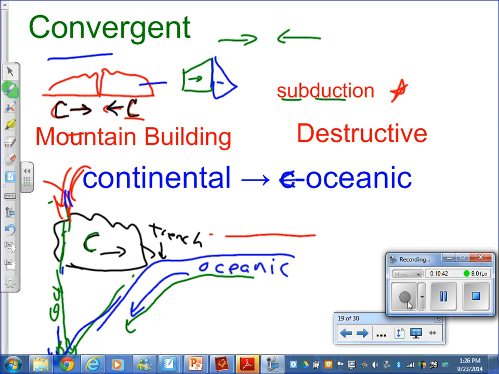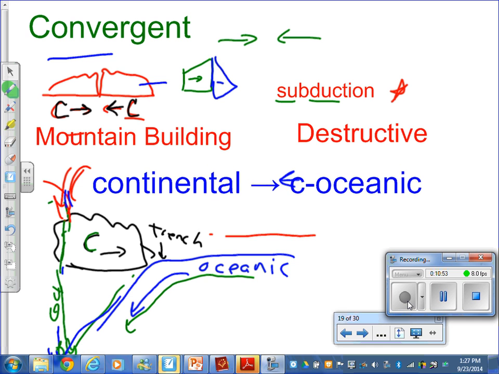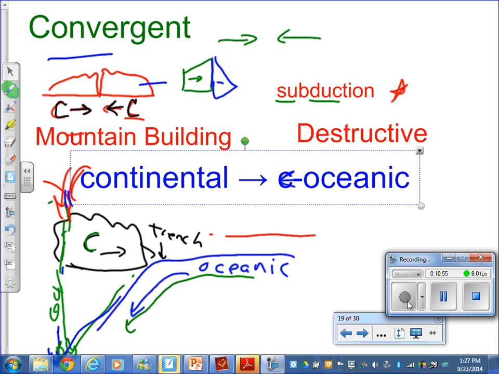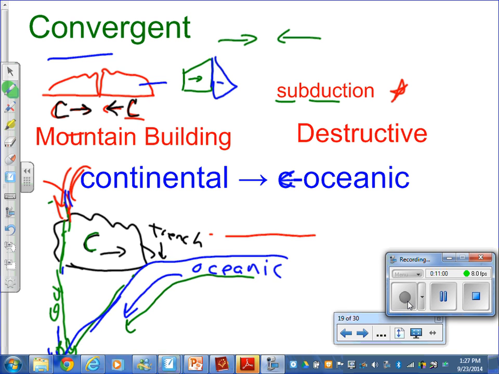But then the other thing you can have, as we were talking about, is a subduction zone. A subduction zone is happening when you have the continental crust crashing into the oceanic crust. And so then the oceanic crust is less dense.